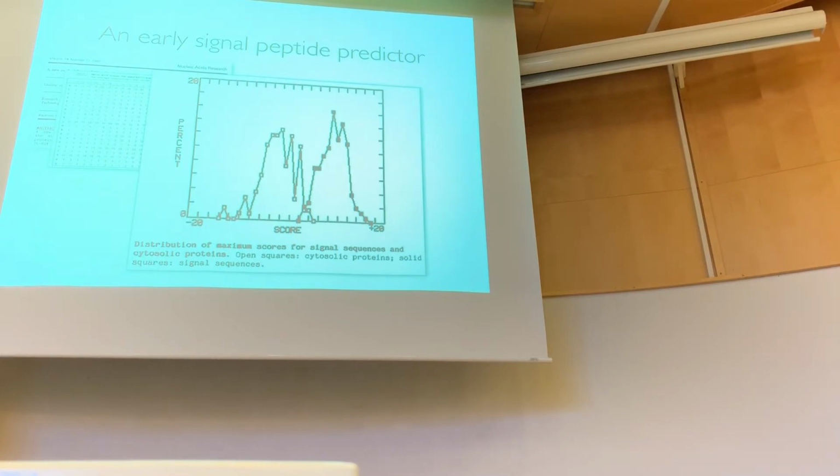But of course, this was just reapplying the algorithm to the original data set, so it wasn't jackknifing or anything like that. Clearly, when new sequences appeared that were not in the original data set, the performance would not be as good as this, as with all prediction methods, essentially. But still, it was a start.